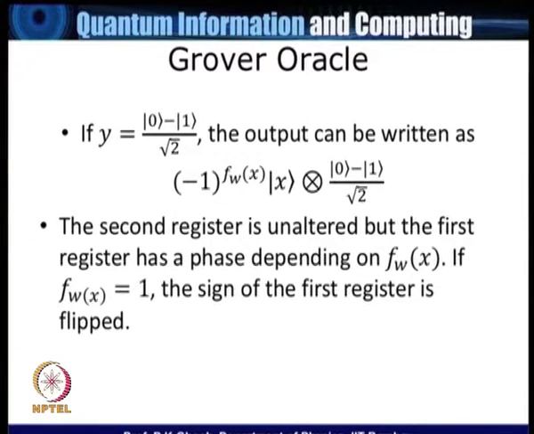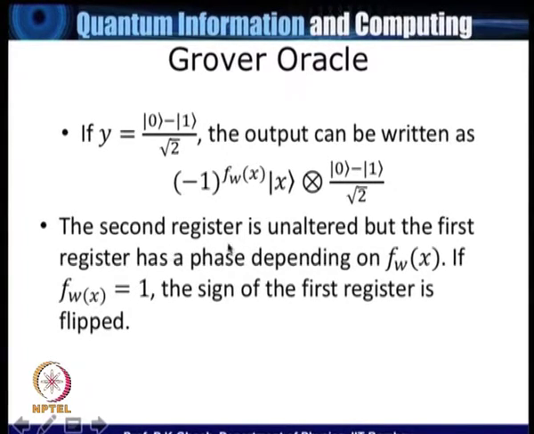So therefore, the target bit has 2 components, one 0 and one 1, and 0 obviously will not change the value of the function that you calculate, but 1 will give you its complement, and it is succinctly written like this, that the output is written as minus 1 to the power of this function that you calculate, which if the function evaluates to 0, then it's minus 1 to the power 0, which is equal to 1, and of course x is the input which is left alone, and the target bit is (0 minus 1) by root 2. So this is the phase that is associated with x.